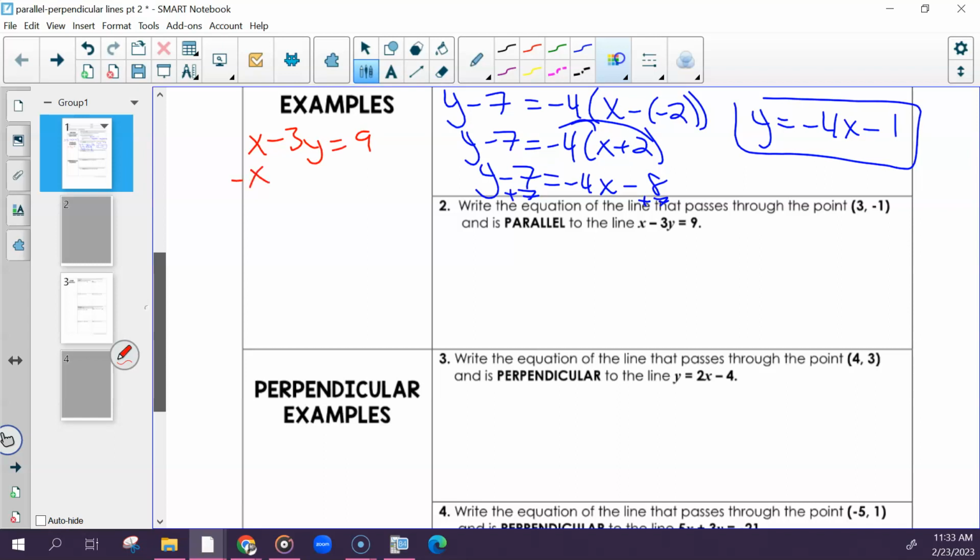So get rid of your x by subtracting. Divide everything by -3. What would this new equation become?